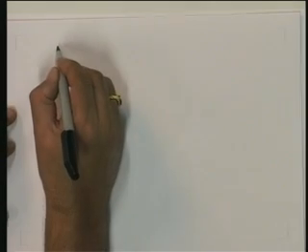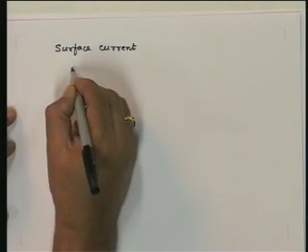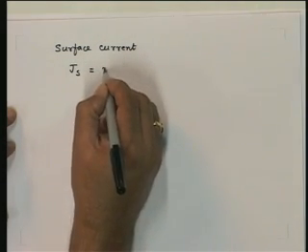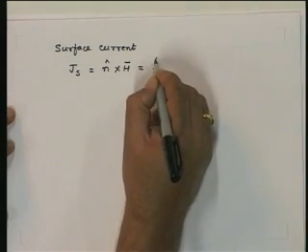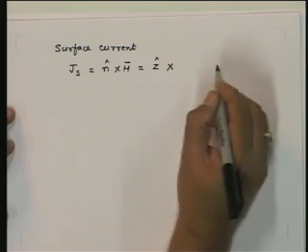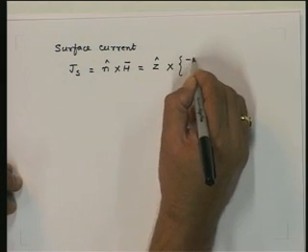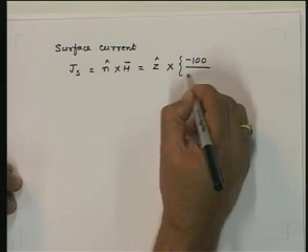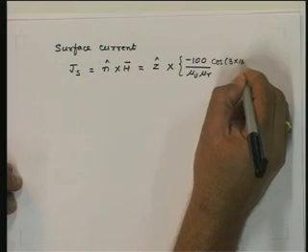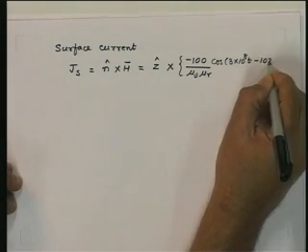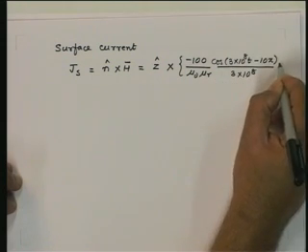So, from here we can get the surface current Js, that is n cross h, that is equal to z cross the y component of the magnetic field, which is minus 100 upon mu 0 mu r cosine of 3 into 10 to the power 8 t minus 10x divided by 3 into 10 to the power 8, y cap.